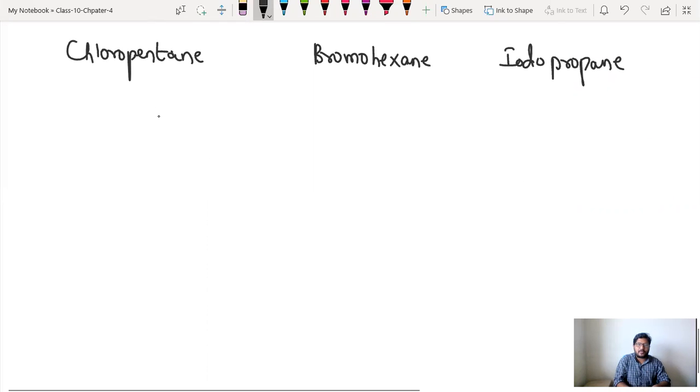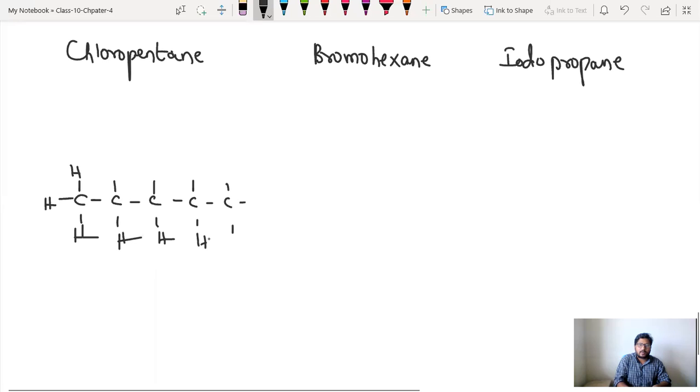First of all, after observing what we have to do, for chloro, just leave it as pentane. Pentane means meth, eth, prop, but, pent. In between carbons, definitely there should be a single bond. 1 2 3 4, like that, valency should be satisfied. And everywhere we have to draw hydrogens, except one hydrogen.